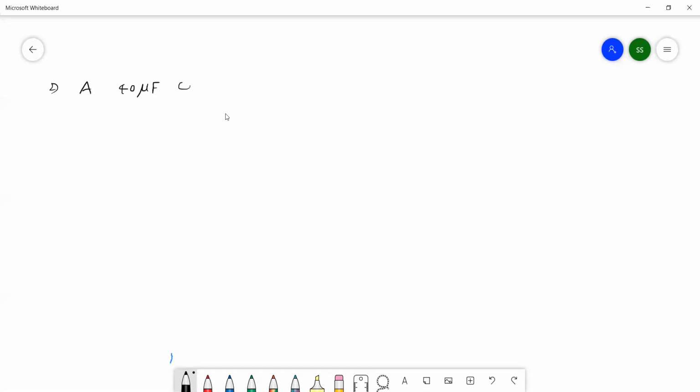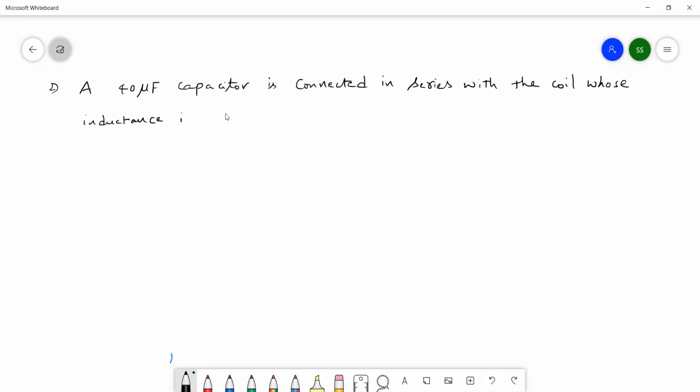A 40 microfarads capacitor is connected in series with the coil whose inductance is 8 millihenries.